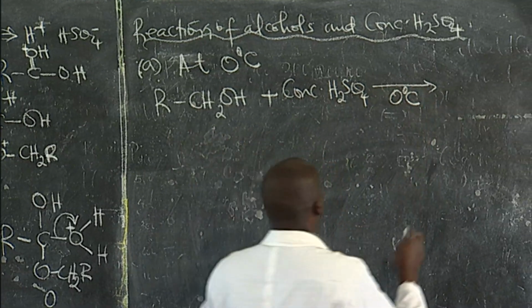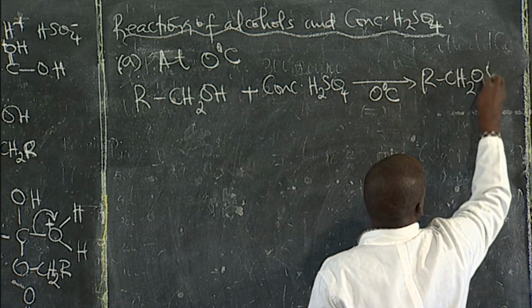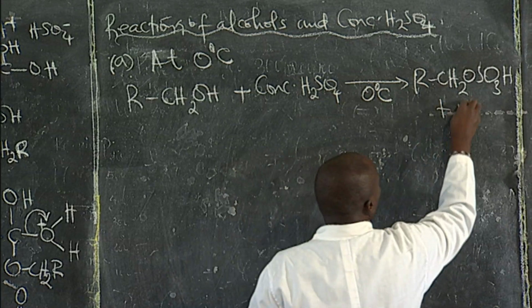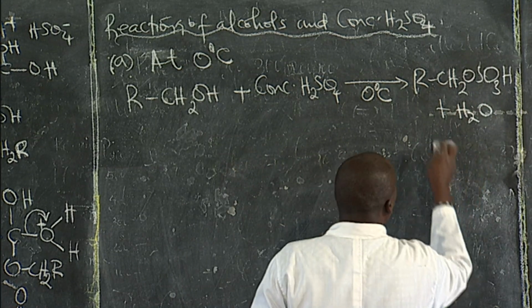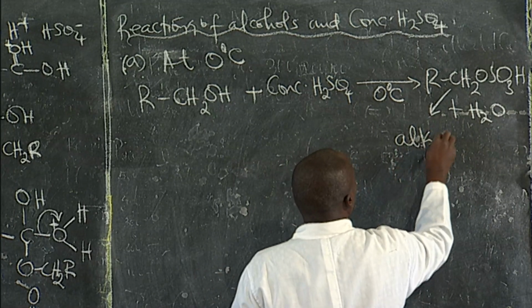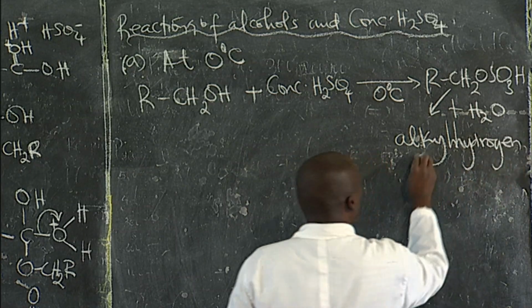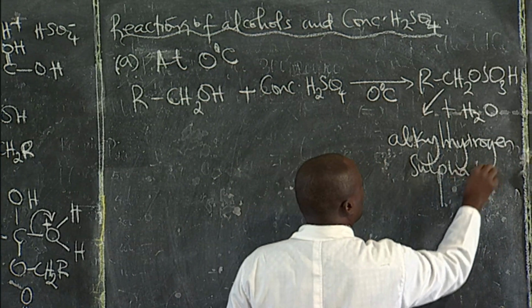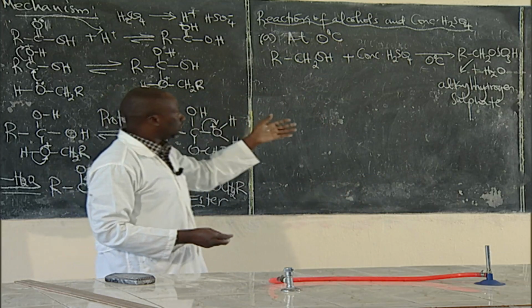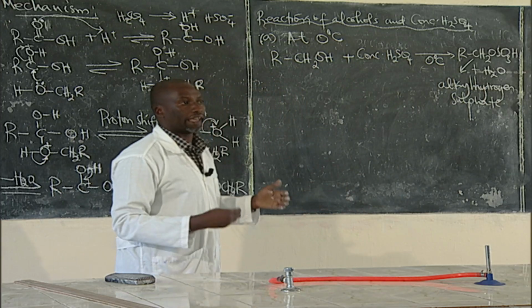So this will form ethyl hydrogen sulfate. You can call it alkyl hydrogen sulfate. But even in presence of the water, they also hydrolyze into the alcohols again.